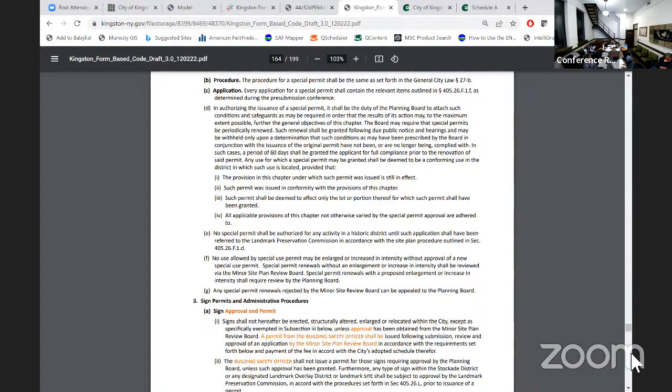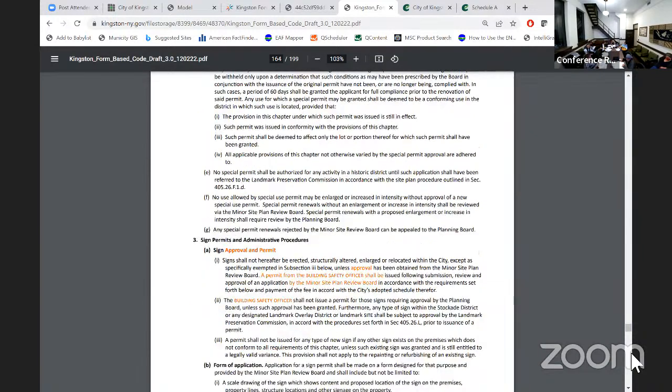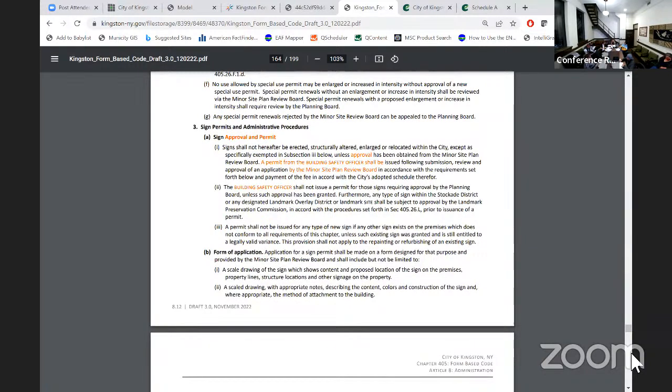So I'm presuming then that that would not get a public hearing? And special permit renewals with proposed enlargements go to the regular planning board, and that would require a public hearing. So I'm just asking for a clarification there, just for process.